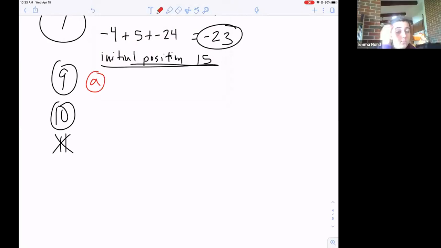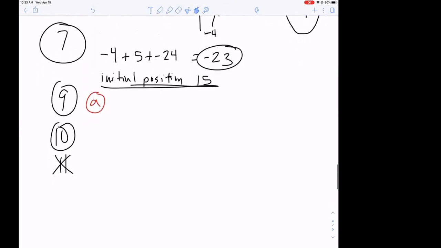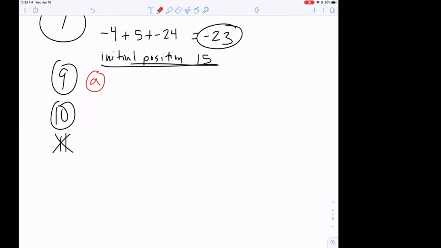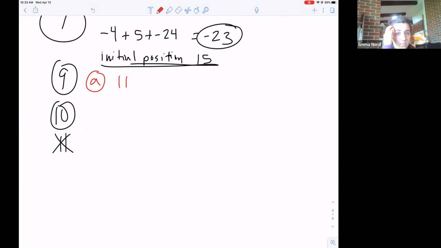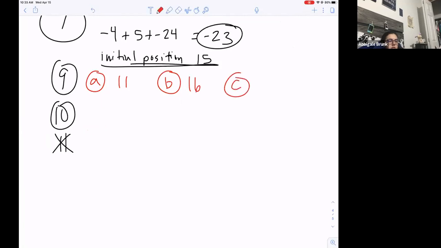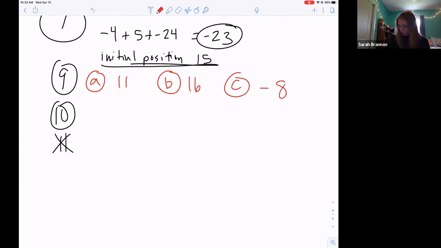Well, what's the area between 0 and A? It's -4, so that means it moves 4 to the left, right? So what's 4 to the left of 15? 11. Nice. And then for part B, you need to add 5 to that because it's going to go 5 to the right. So if we add 5 to that, we get 16. Nice. And then we have to subtract 24 from that. -8. Perfect.